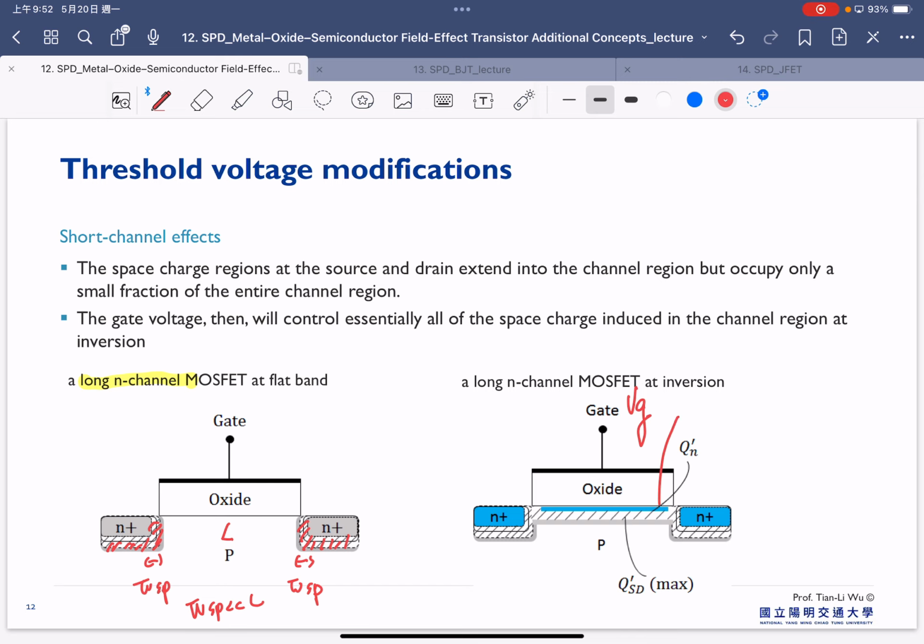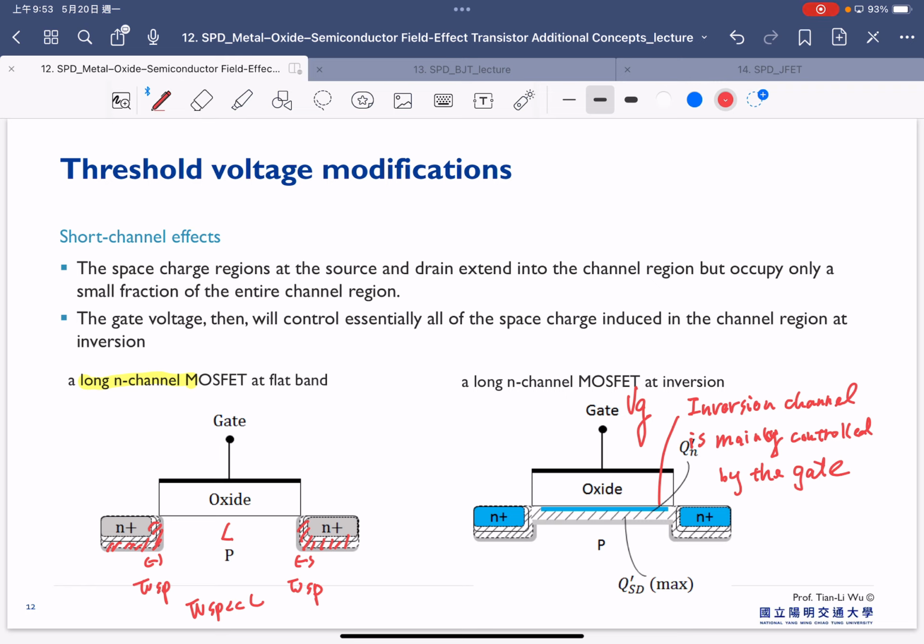So this inversion channel is mainly controlled by the gate. Because our space charge in the source and drain is extremely small compared to the whole channel length, we won't face any short channel effect at this moment.